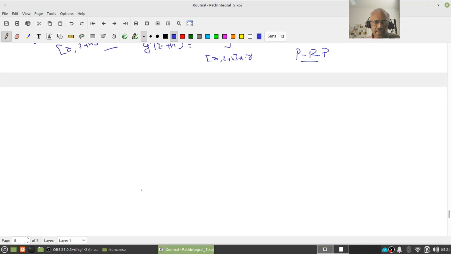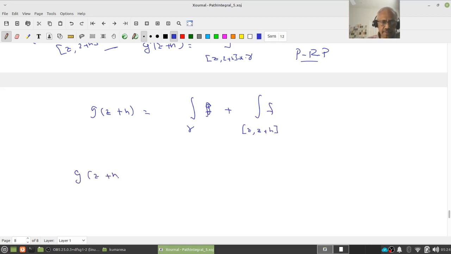Therefore g of z plus h is the integral over gamma of f plus the integral over the segment z to z plus h of f. Therefore g of z plus h minus g of z is the integral of f over z to z plus h.